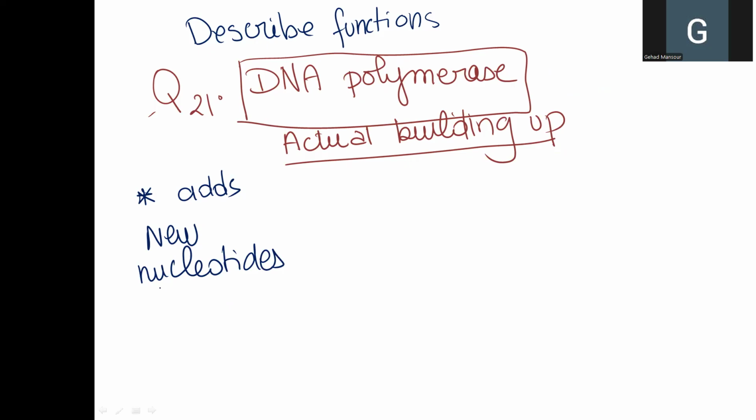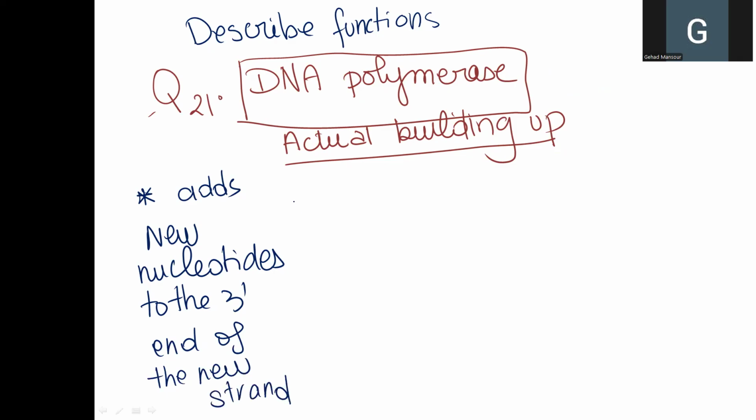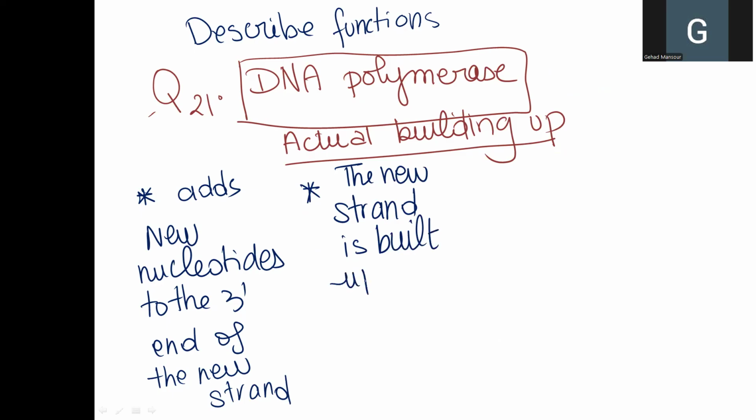It adds new nucleotides to the 3' end of the newly formed strand, or of the replicate, or of the new strand. And therefore, this means that the new strand is built up in the direction 5' to 3'.